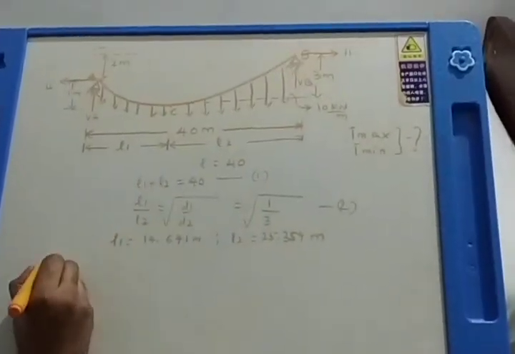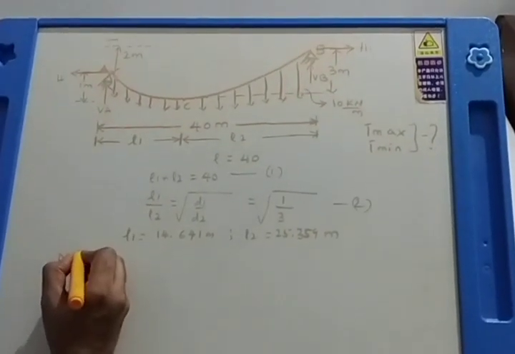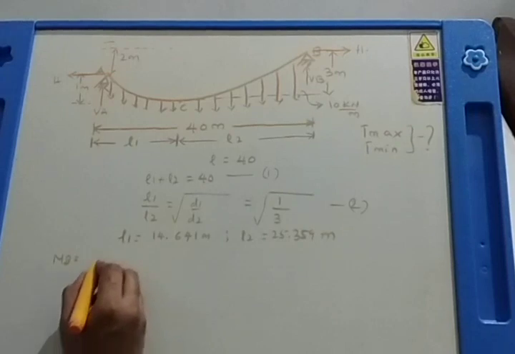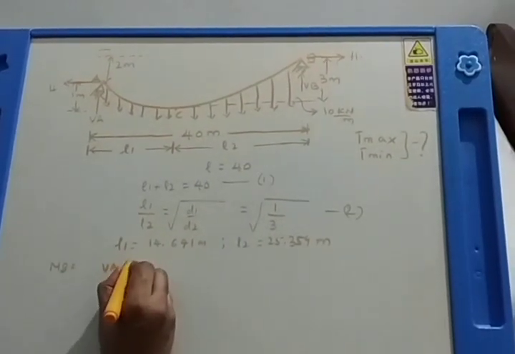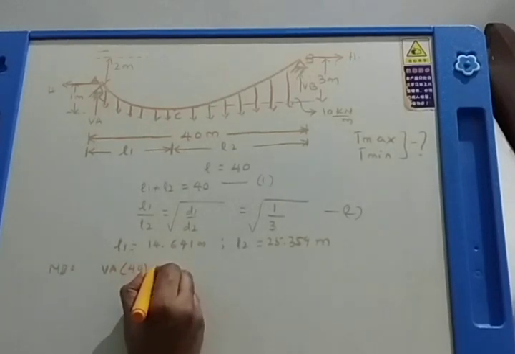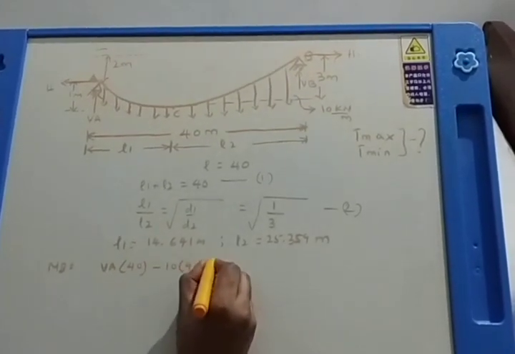Let us take moment about B equal to 0, that is more important. VA, clockwise positive of course, VA into 40 minus moment due to UDL, 10 into 40 by 2.